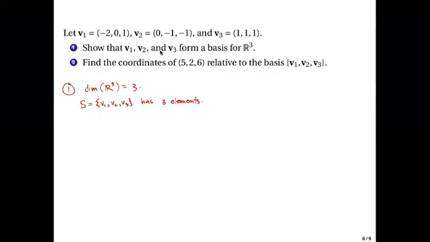So it's enough to show that these 3 vectors are linearly independent to show that S is a basis. Or we can just show that these elements v1, v2, v3 span the set R3.